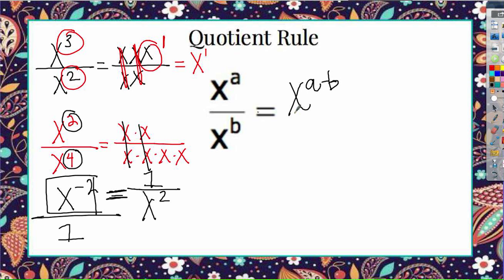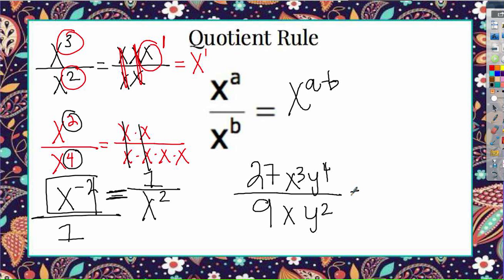So some more with the quotient rule. If I have some actual numbers, some coefficients, I have to watch out. For example, if I have something like 27x cubed y to the fourth over 9x y squared, I've got to make sure I'm not subtracting these normal numbers.